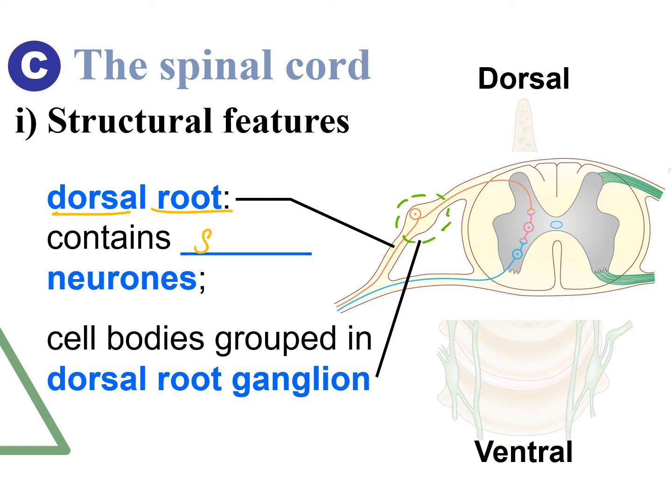It contains the sensory neurons. The sensory neurons contain the nucleus, the cell body, on the side of the neurons. With many cell bodies grouping together, it forms a dorsal root ganglion, causing the swelling on the dorsal root.